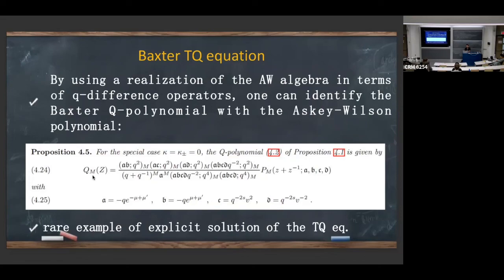Actually, you have 2s plus 1 states, so m goes from 0 up to 2s. For each m you have only one Bethe state, so this basis is non-degenerate. And it's complete, yeah. So the basis has dimension 2s plus 1.